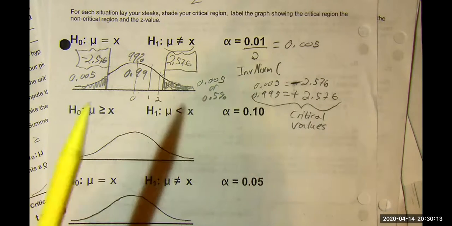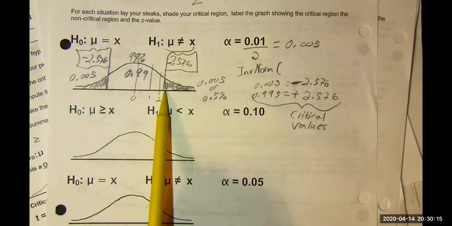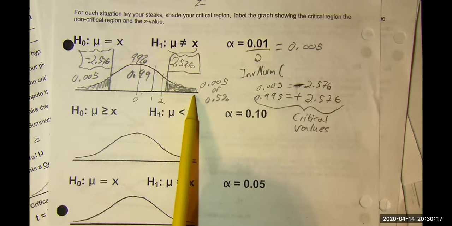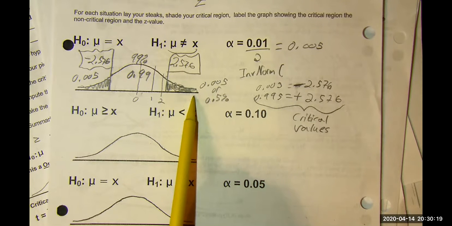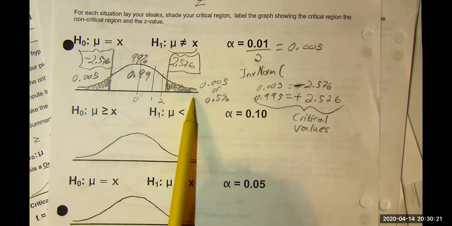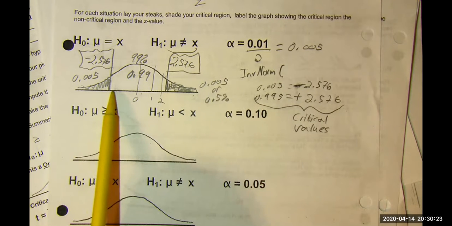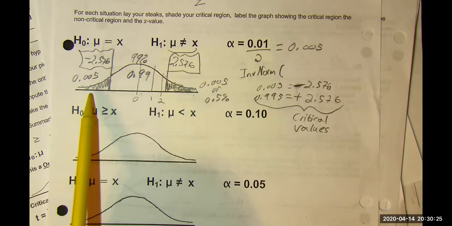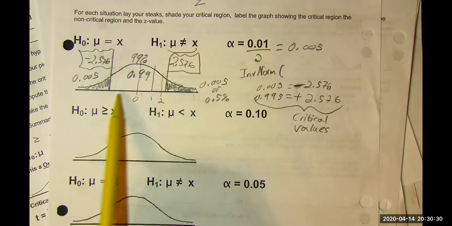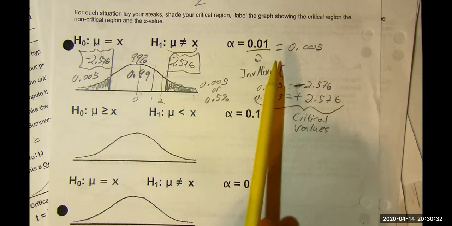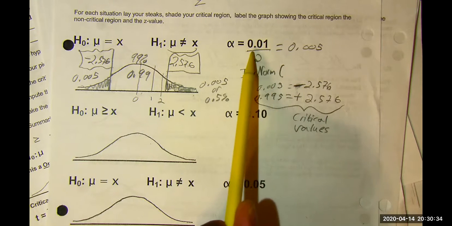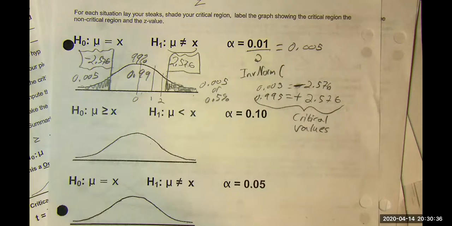If our test statistic is greater than 2.576, we have evidence to reject the null and accept the alternative. If our test statistic is less than negative 2.576, we have evidence to reject the null and accept the alternative. If our test statistic is any number between these, we lack evidence at the 1% level. We may have evidence at the 5% level. We would have to recalculate. Switching screen time.